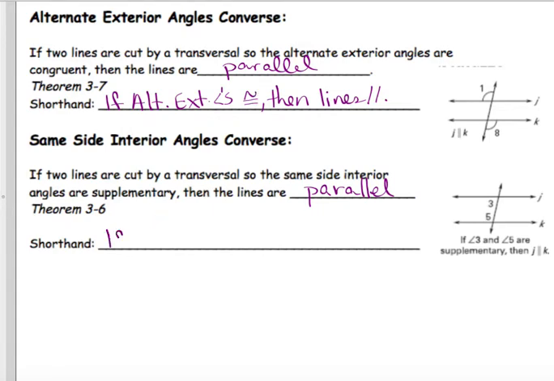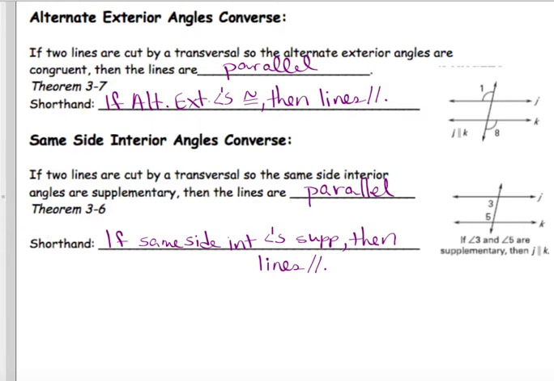So if same side interior angles are supplementary, then lines are parallel. So we're going to get into some proofs in just a moment.